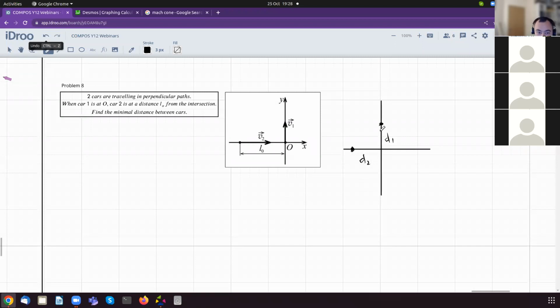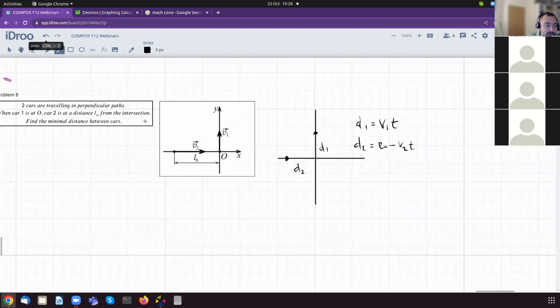Now D1 is the distance car 1 travels. So D1 is in fact V1 multiplied by T, multiplied by time. Now D2 is L0 minus V2 times time.